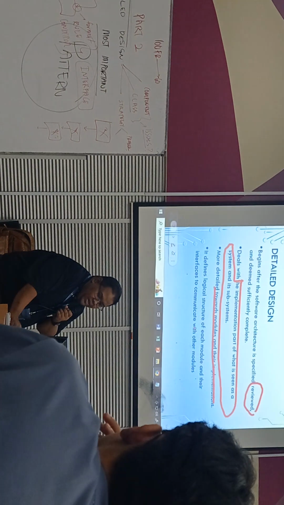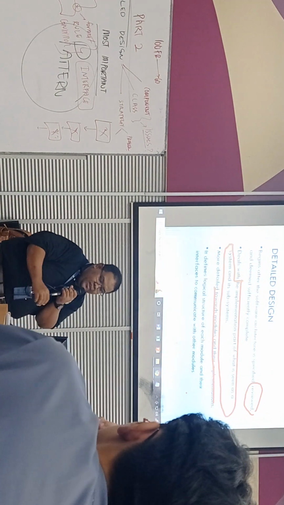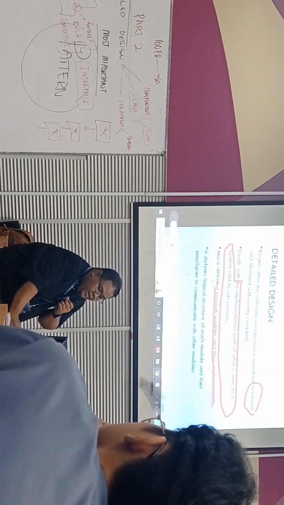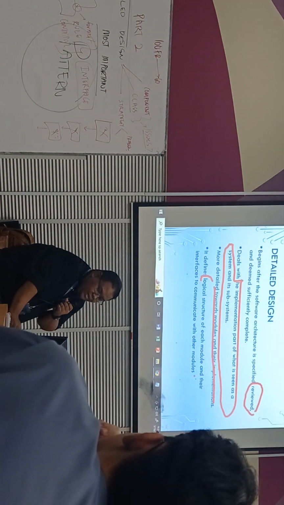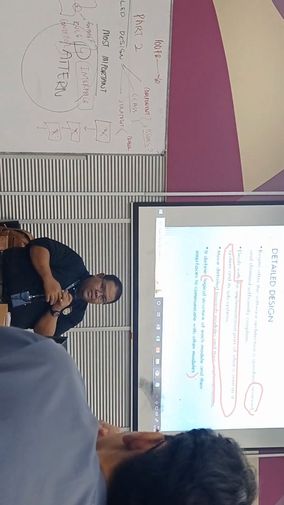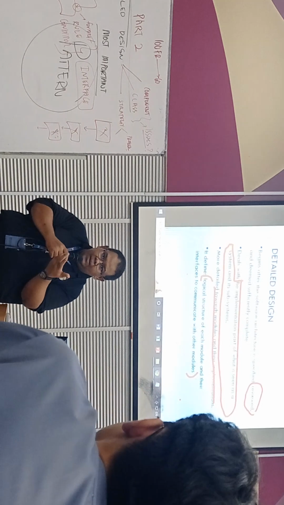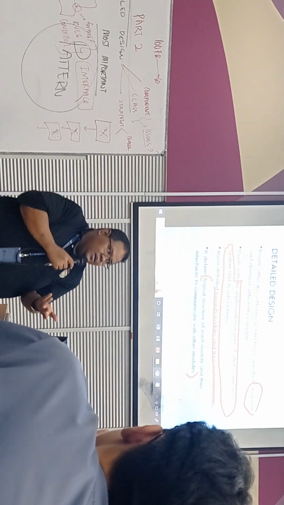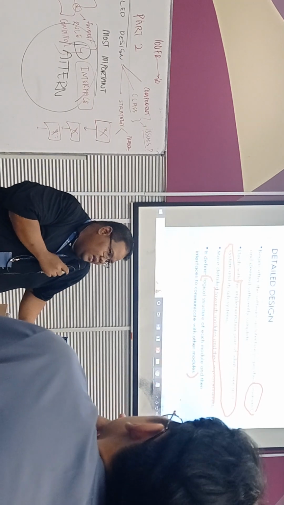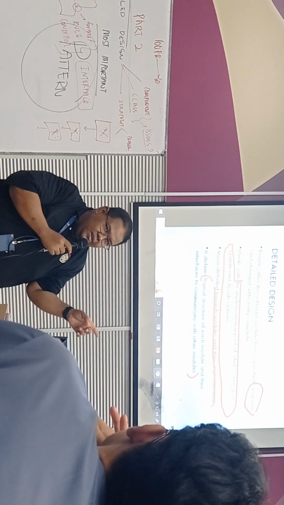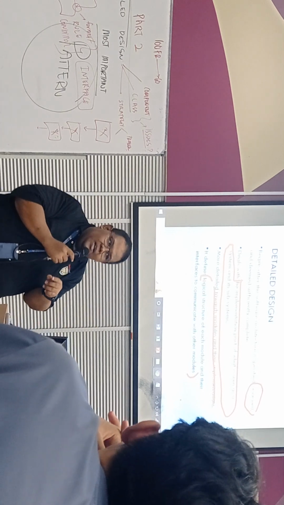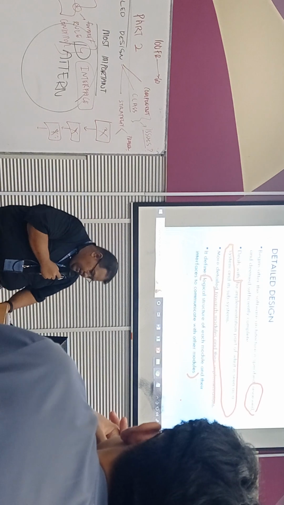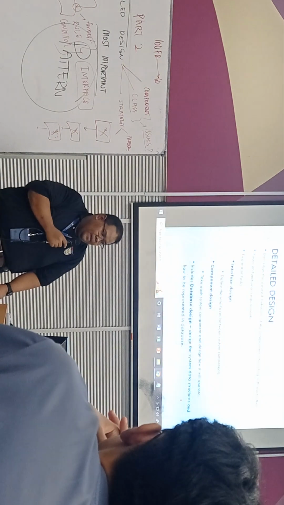It defines the logical structure of each module and their interfaces to communicate. Even though we are talking about functional requirements, they also have structure. A component is a structure, a package diagram is a structure. All these need to be identified, and how these elements communicate with each other. These are considered detailed design.